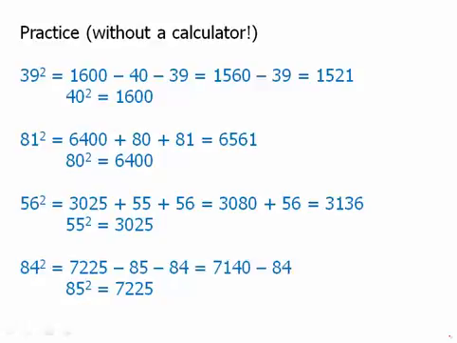So this brings us down to 7140 minus 84. So I'll subtract the 40, and then that will bring us down to 7100. And then I'll subtract the 44. That will bring us down to 7056. So a little bit of intense mental math there, but as you practice, you can get good at doing these calculations.